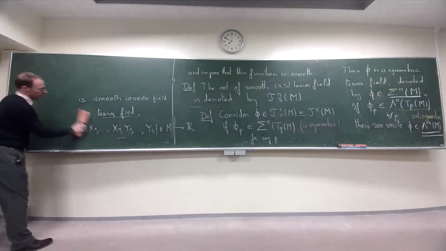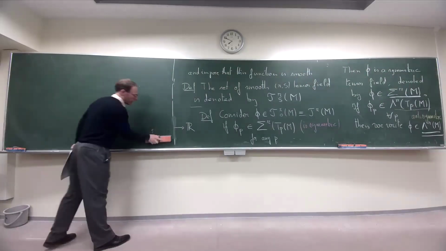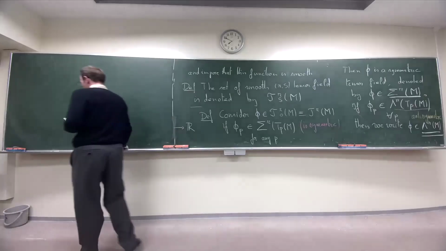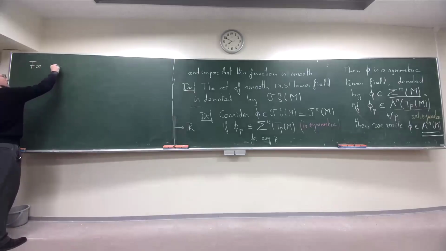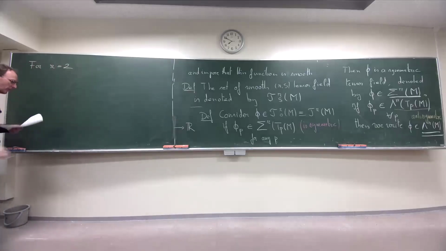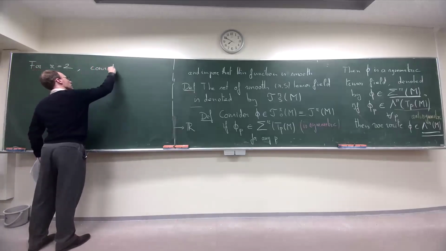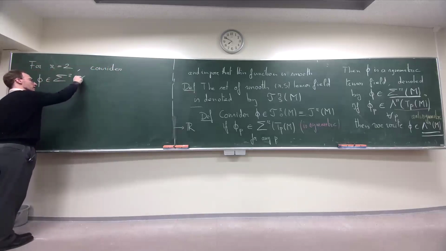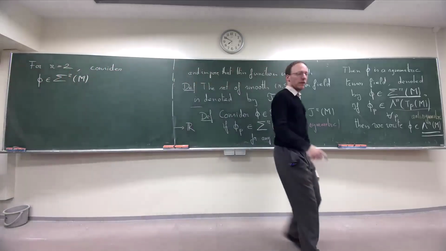I can already define what is a Riemannian manifold because we have already all the ingredients. We will come back to this later, but I can already give you the definition. For R equal to 2, consider phi belonging to sigma 2 of M. So what is this?